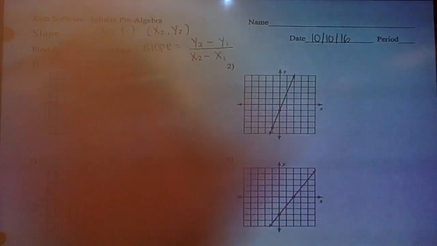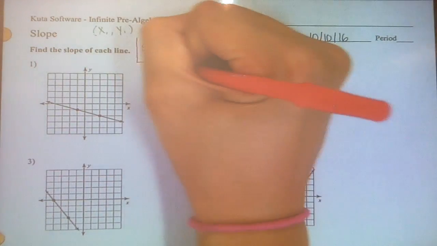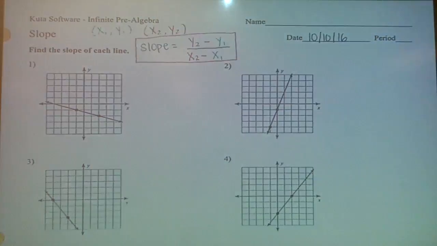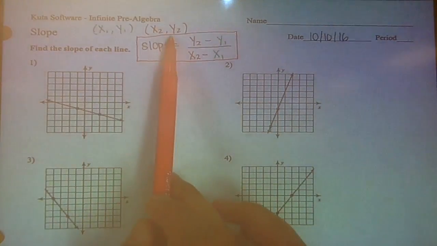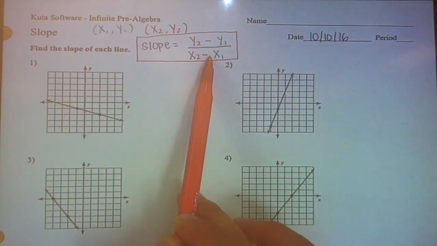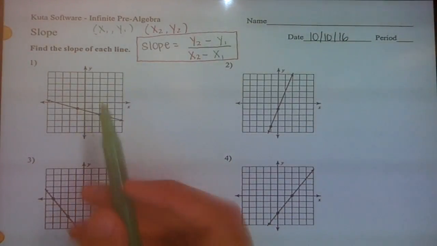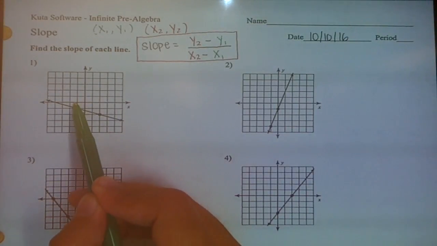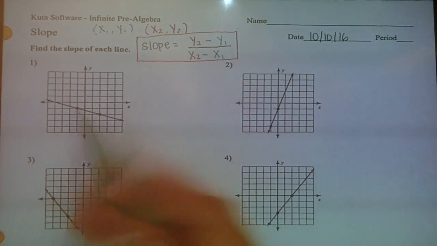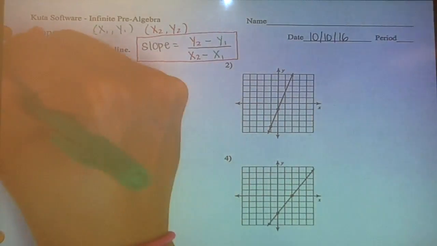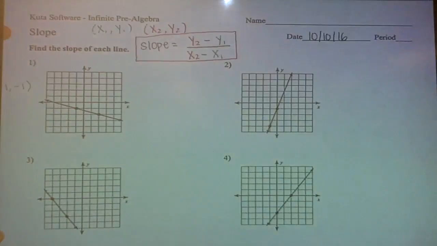So this is a very important formula that we will be using on this worksheet. So first we need 2 points, then we're going to plug those points into this slope formula. So first we're going to take 1 point. Right here we see it's -1 and -1. So I'm going to label that -1 and -1. That's my first point.